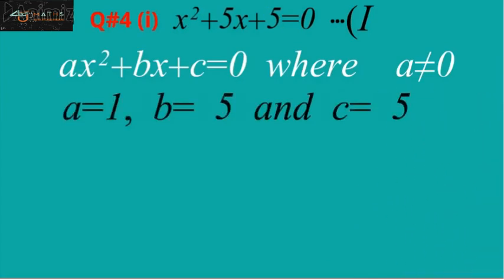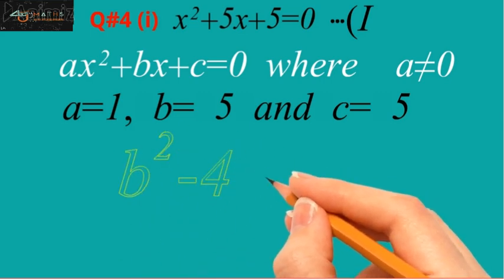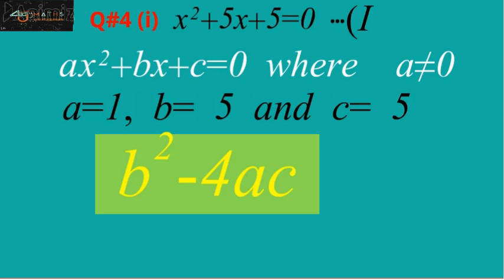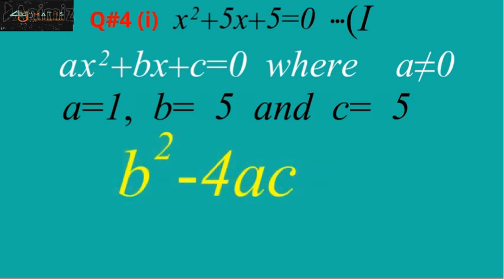Now we are familiar with the expression of the discriminant, that is b squared minus 4ac. Substituting the values of a, b and c in this expression, we will find the value of the discriminant, and then we will decide whether the roots are real or not.